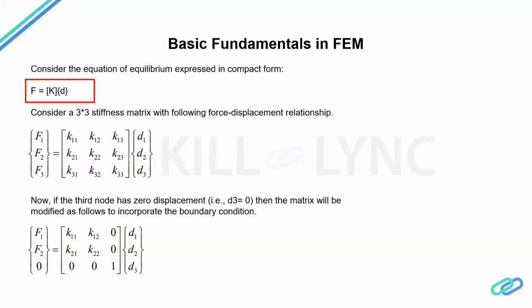And then you will have something called knowns and unknowns. If you know what your force is and you want to understand what the displacement is, your force is known, and what is unknown is your displacement, which will be calculated. Depending on the boundary condition, for example, if for a given set of conditions your F3 is 0, how will that affect your set of problems? If one of the degrees of freedom is fixed, how will that affect your problem?